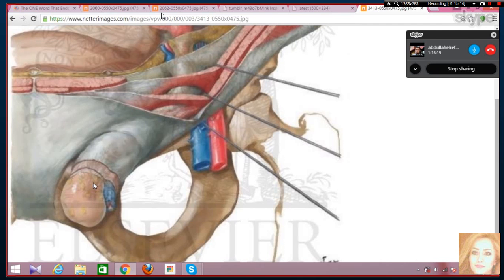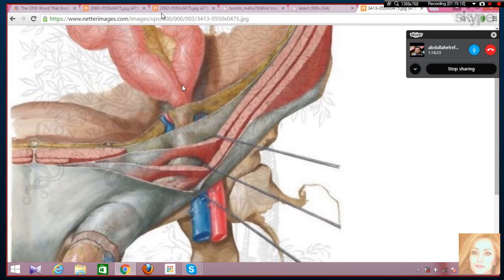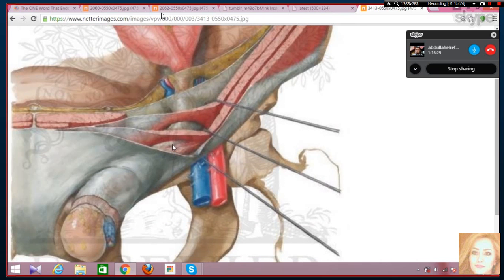What is indirect? The small intestine goes to the deep ring, then to the canal, and then to the superficial ring.